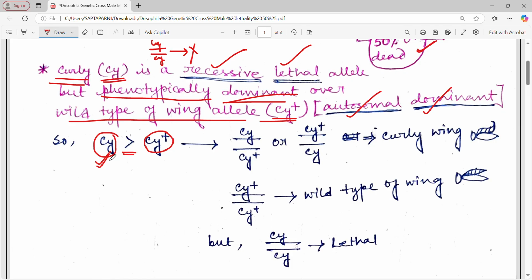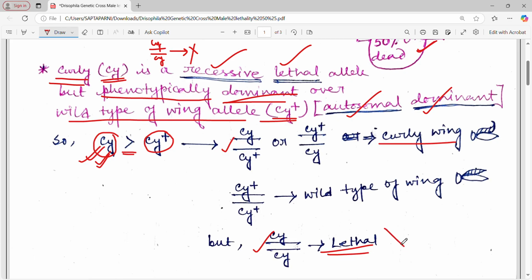But you can see only in heterozygous condition, that is Cy plus Cy, it is showing Curly wing. Whereas as this Curly mutant allele is also recessive lethal, in homozygous condition, that is Cy Cy, it is lethal. It is not showing Curly wing, rather the progenies are dead here.